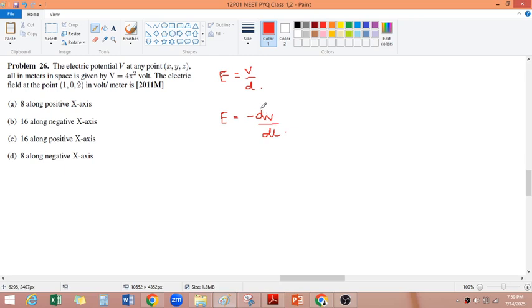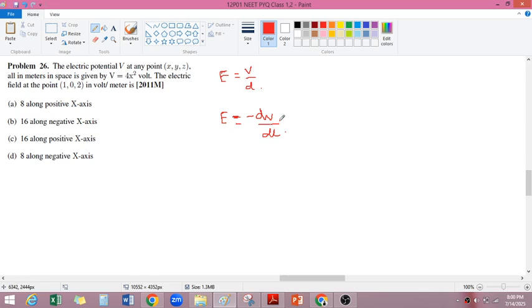So this is the correct formula. So at the origin, according to this formula, it will be 0, right? Because when x is equal to 0, V will be 0.